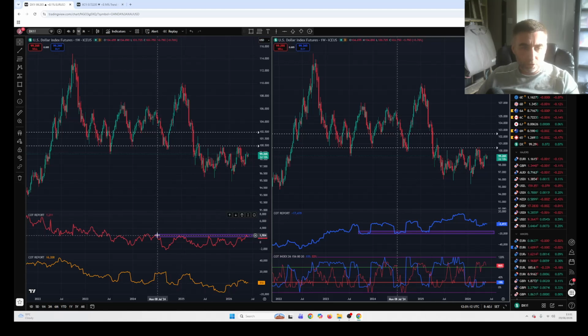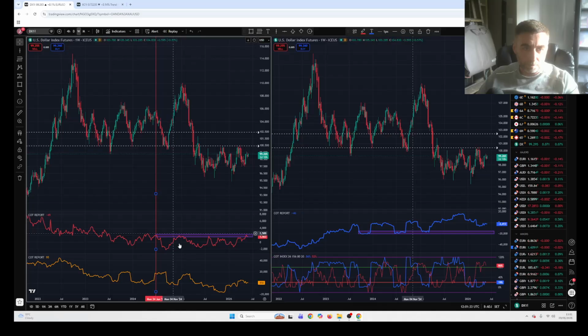So I've drawn this little box here, because if you look here, as the retailers become bullish and reach roughly this level of contracts open, as you will see, the price will drop.